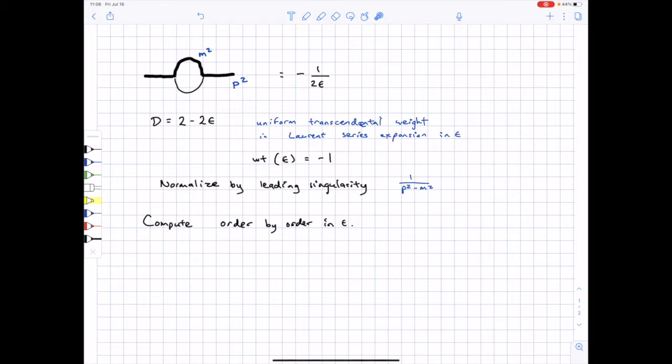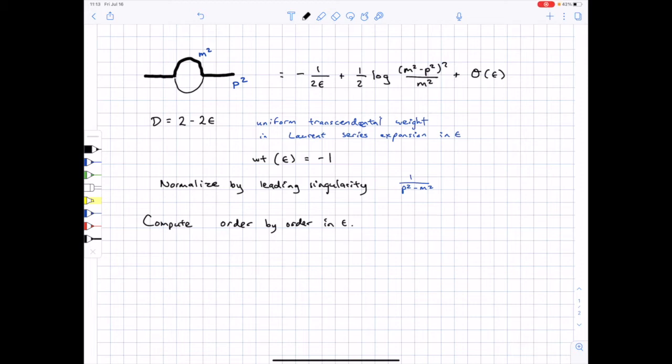This is an infrared divergence. Then the next term will be constant in epsilon, and this is log of (m squared minus p squared) squared over m squared. And we could go on, but let's just leave it at that for this simple example. Then the order epsilon term, for example, would have a coefficient of transcendental weight 2.